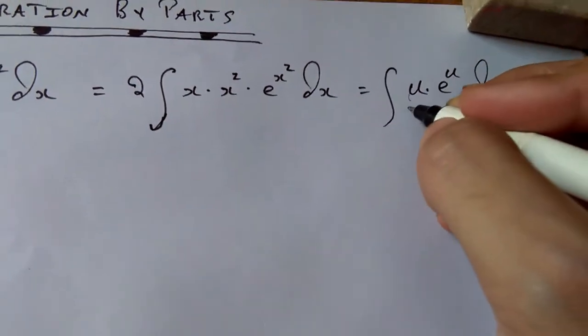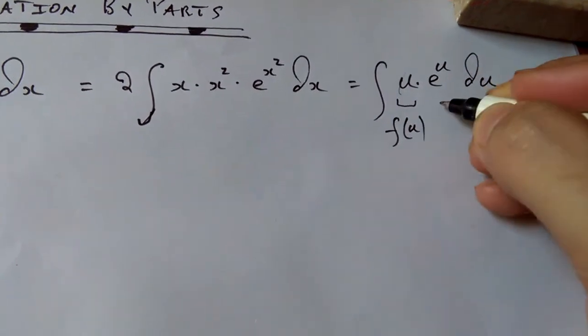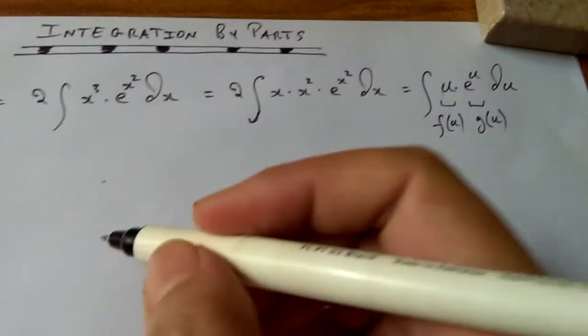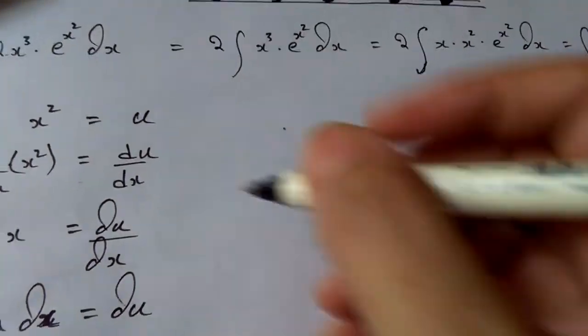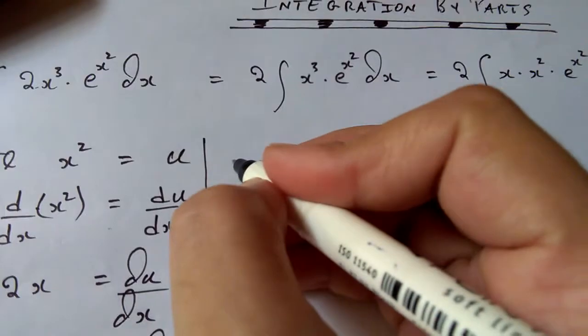So just take this function, make a decision, and take this function as your f of u, and this function just take it as your g of u. All right. So now we are going to perform the by part. So let's write the formula in terms of u.